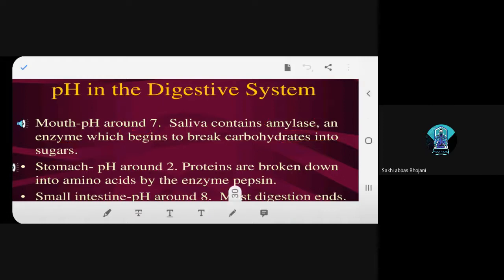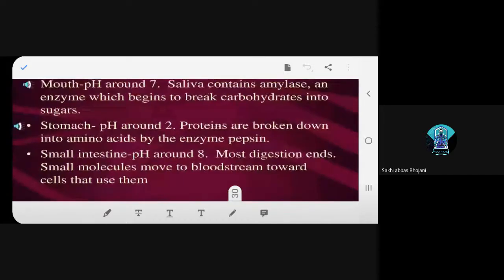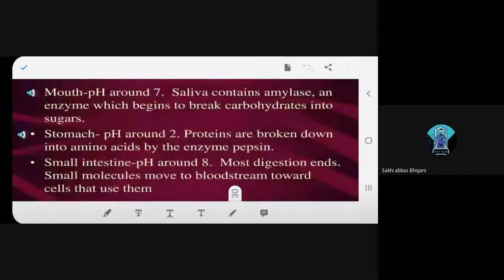Now it comes to the stomach. What is the stomach pH? Around 2. Proteins are broken down into amino acids by the enzyme pepsin.